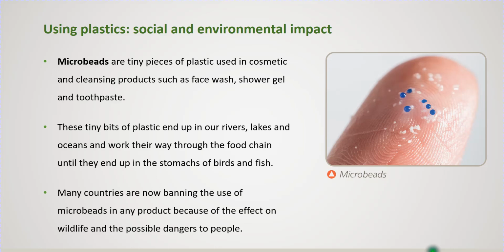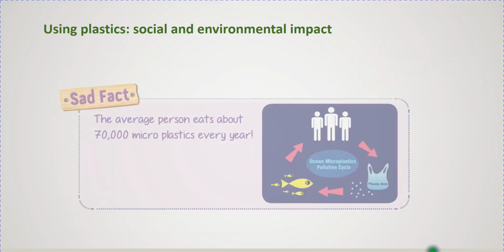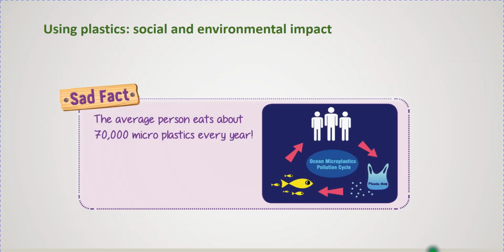Now, many countries are now banning the use of microbeads in these plastics because they don't biodegrade easily, and it's possibly going to damage wildlife and human life by ingesting all of these microbeads. The diagram here shows the sad fact that an average person eats about 70,000 microbeads of plastic each year.